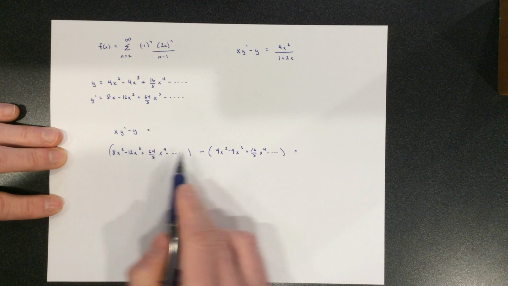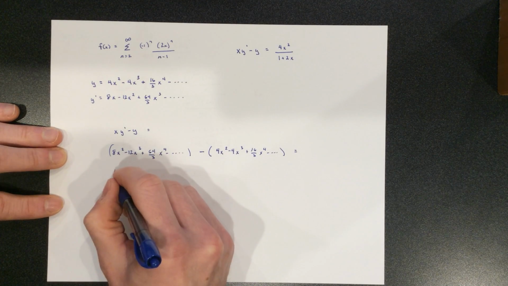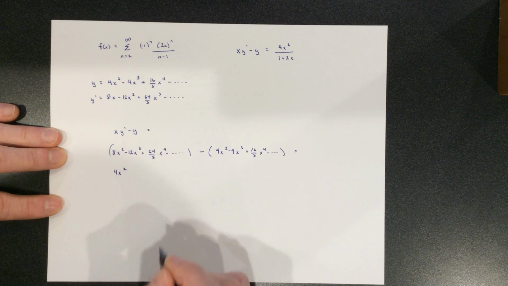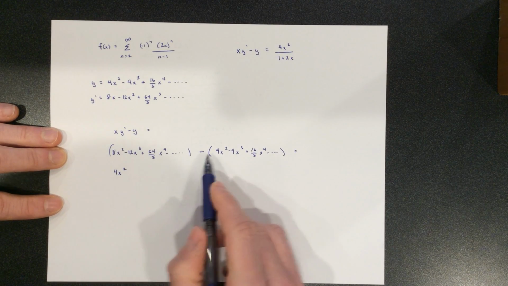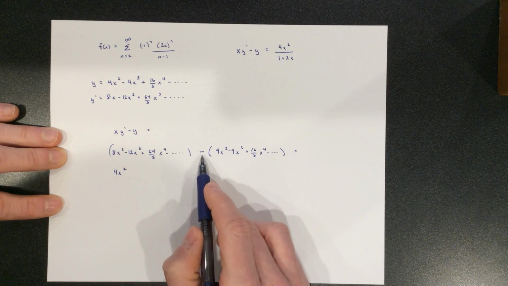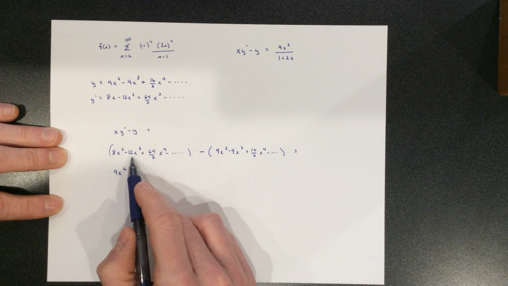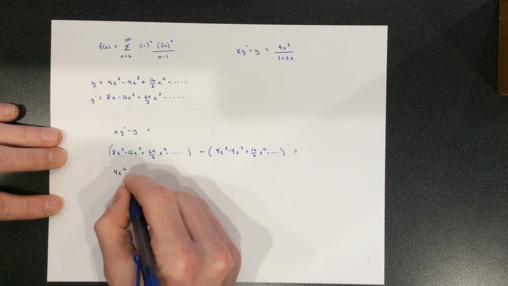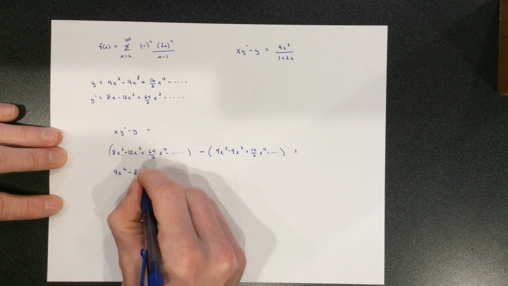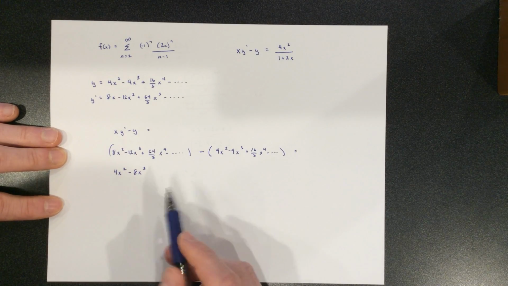So 8x squared minus 4x squared is 4x squared. Minus 12x cubed minus 4x cubed, that's plus 4x cubed, minus 12x cubed plus that is minus 8x cubed. And this one's the nice one. It does work out.